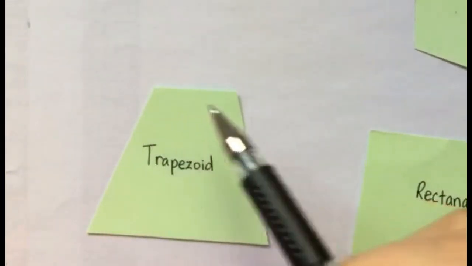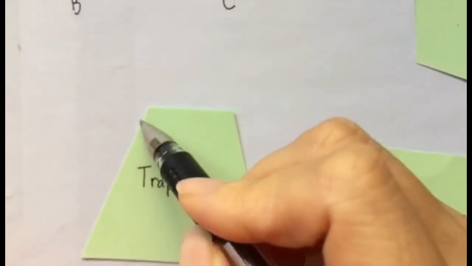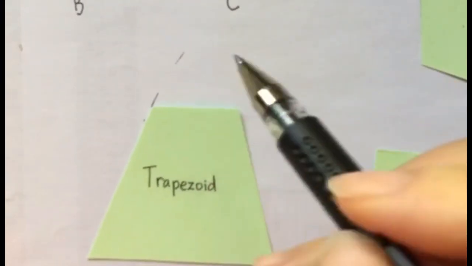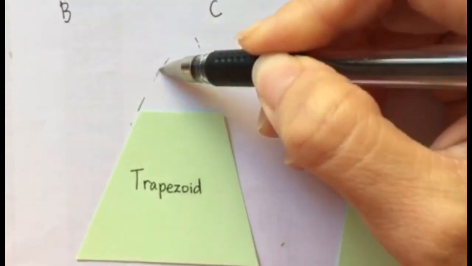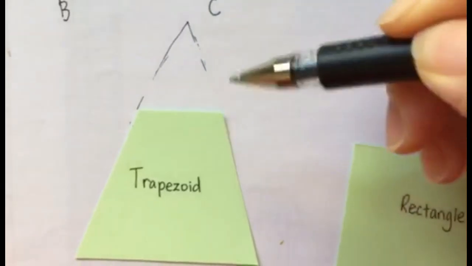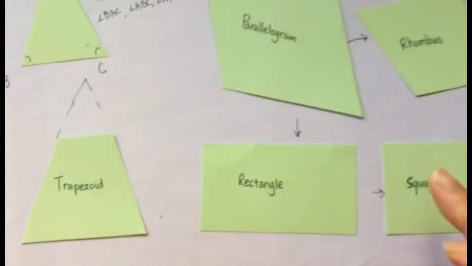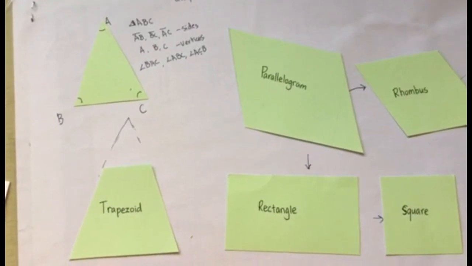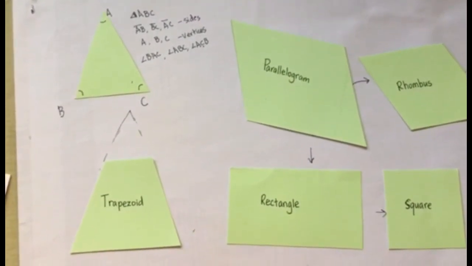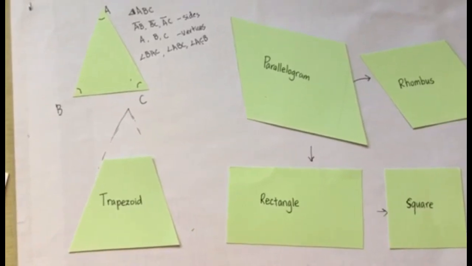And these two lines, even though they don't meet in this shape, if you extend each line, at one point they're going to meet and intersect with each other. So these two lines are not parallel lines. So yeah, I think that's pretty good about triangle and four-sided figures for review.